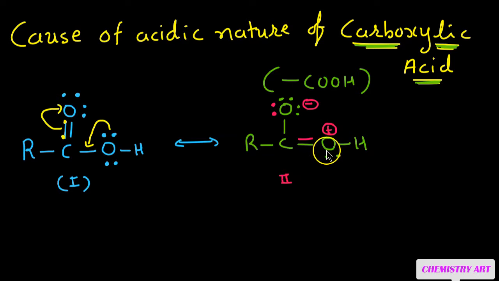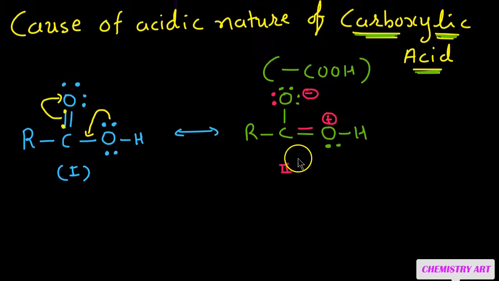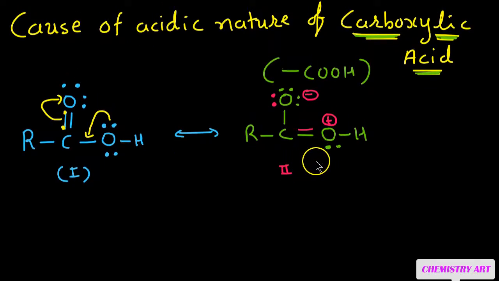So friends, oxygens are very strongly electronegative. They cannot be stable with a positive charge, and that's why they will try to gain electrons from anywhere. However, from the hydrogen, they are getting electrons only.